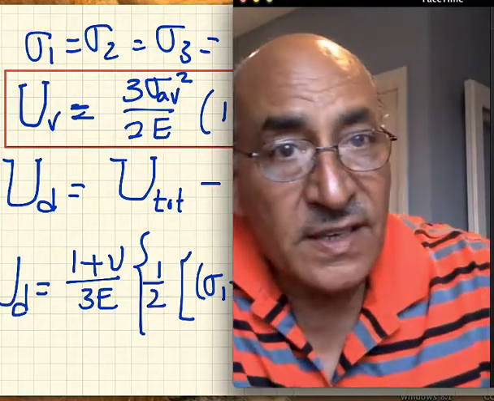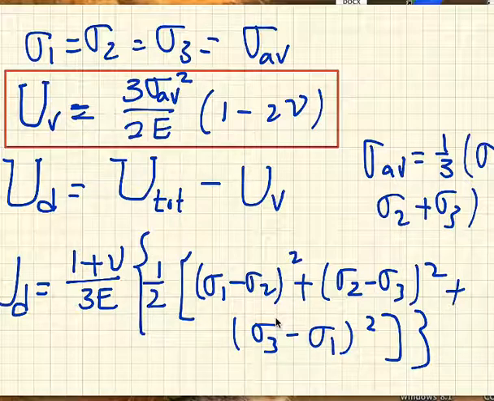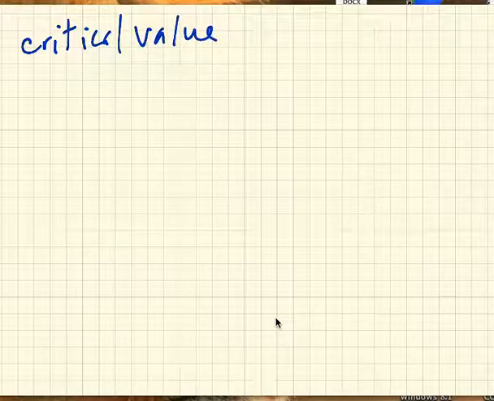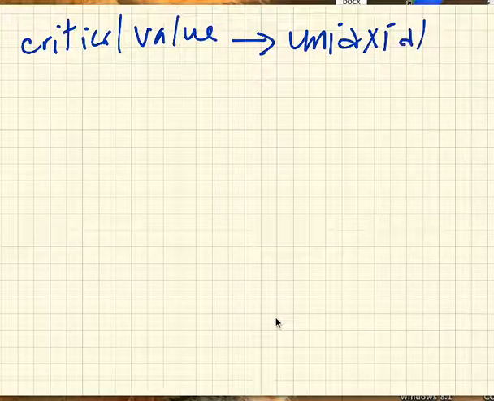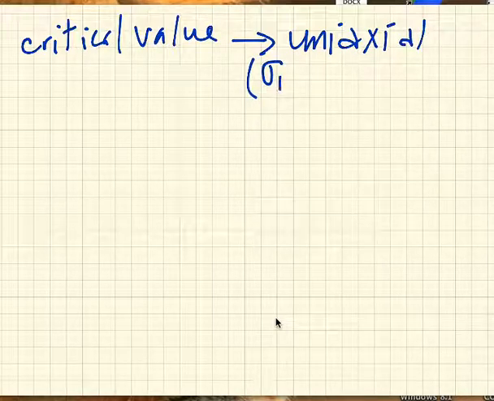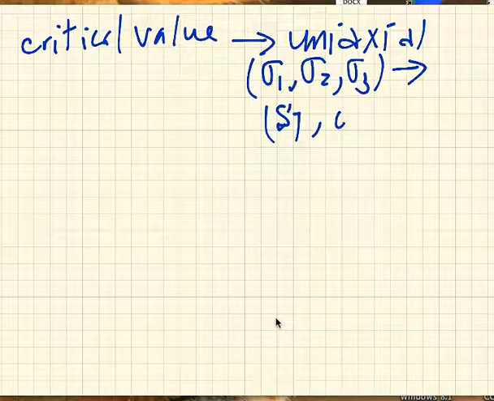So the critical condition for that to happen, the critical value of the distortion energy, which is what we want, is for the uniaxial case. For the uniaxial critical value, sigma 1 becomes S yield, sigma 2 is 0, and sigma 3 is 0.